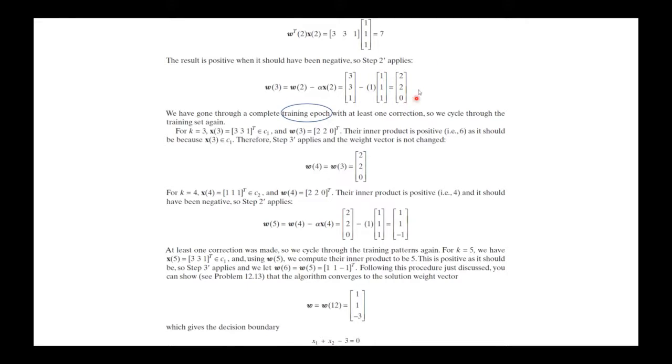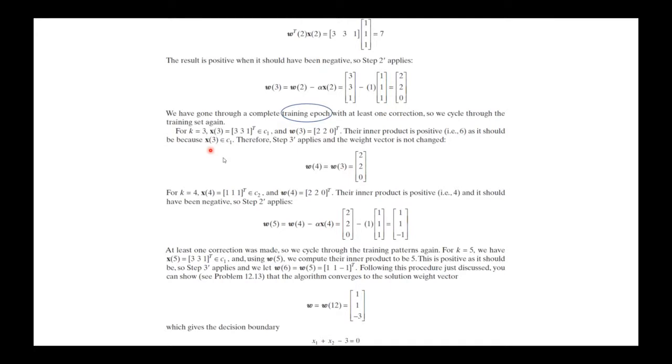What do I do now? I still didn't get the right prediction with one epoch. So what should I do? Go for a second epoch. I'm running the perceptron again with the same training examples. If I input the first training example and do the inner product in the second epoch, I'll get a positive value.